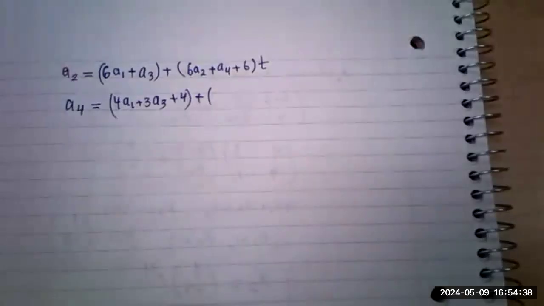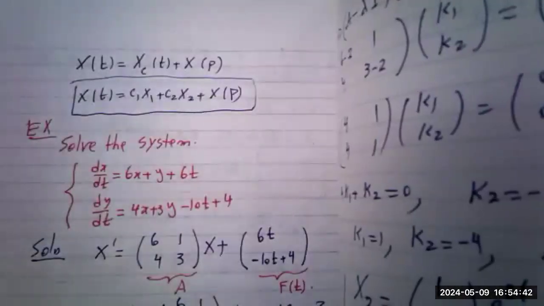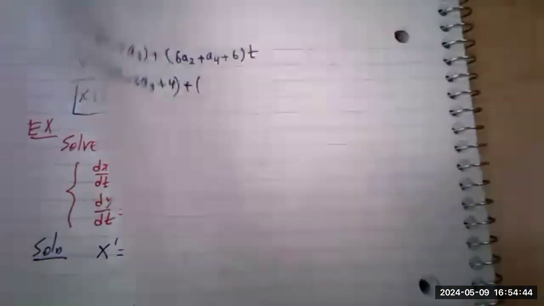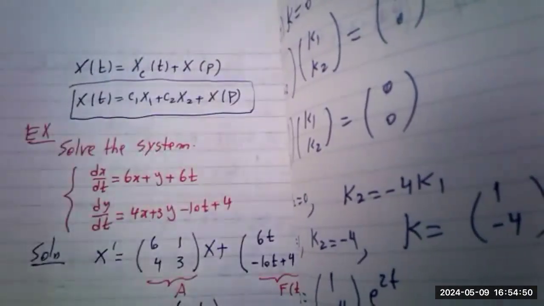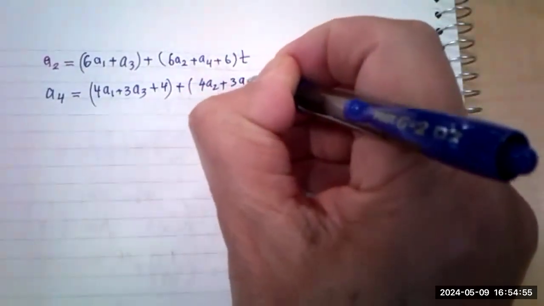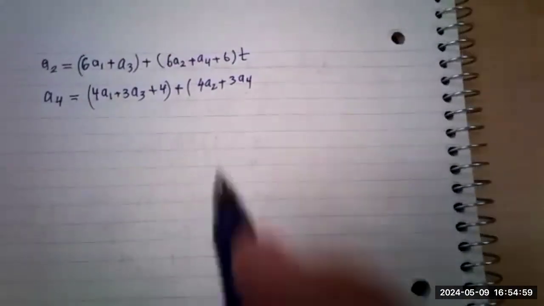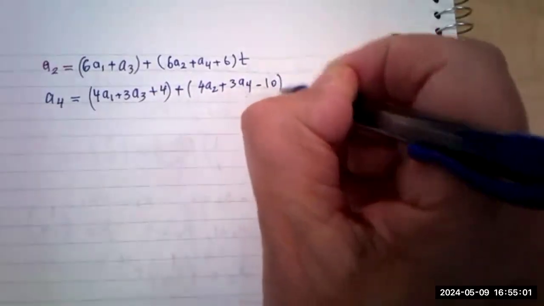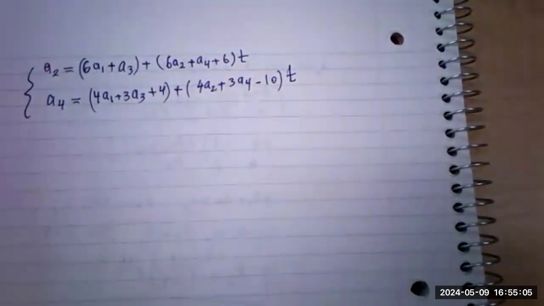Then factor out the t. So what you have, the coefficient of the t's. I have 4A2 plus 3A4, and I think that's a negative 10. Yes, minus 10 times t. You see, this is what you get.